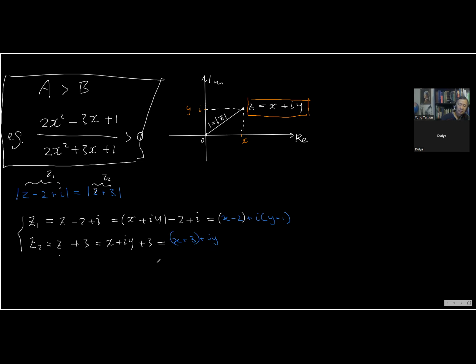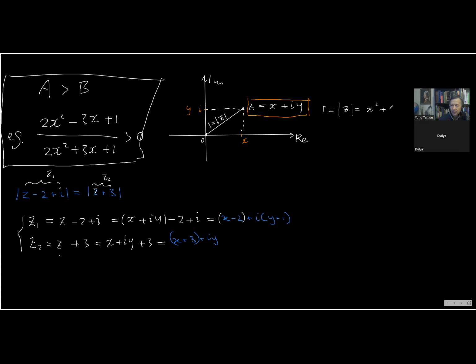Good, good. By the way, if you want to find the absolute value, they call it the modulus, or amplitude. I call it the modulus. If you're looking for the modulus, that will equal the square root of x squared plus y squared.